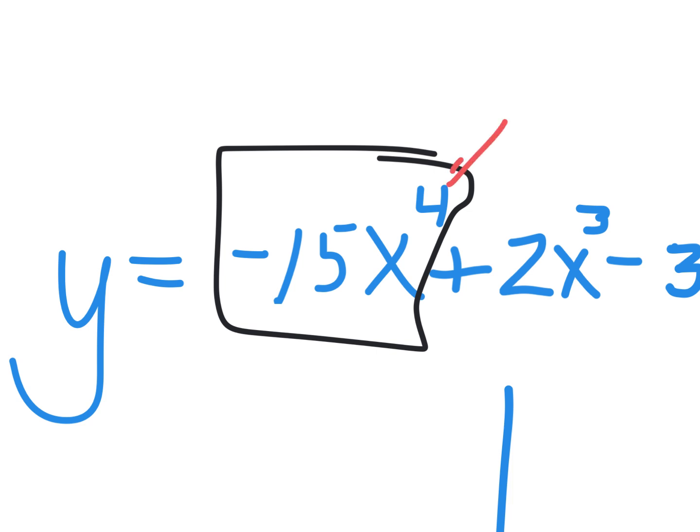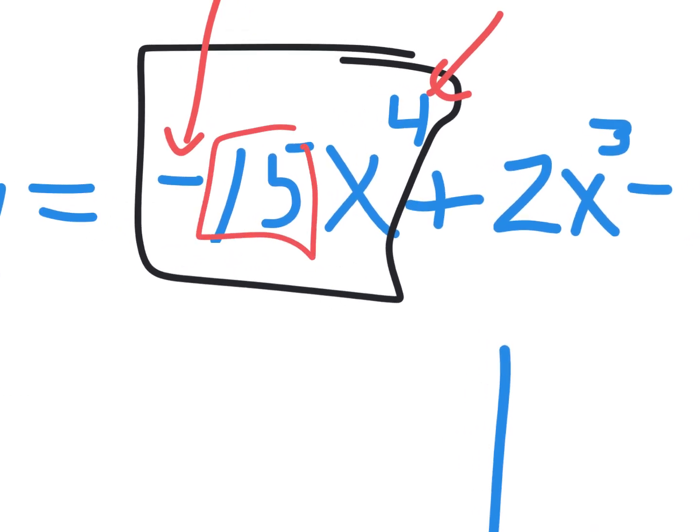Yeah, this is even, and so they're both the same. But what I'm asking is, are they both up or are they both down? Hint, the negative tells you. They're both down. All right, cool. And this 15 really doesn't tell you much. It's just the negative here and this degree here.